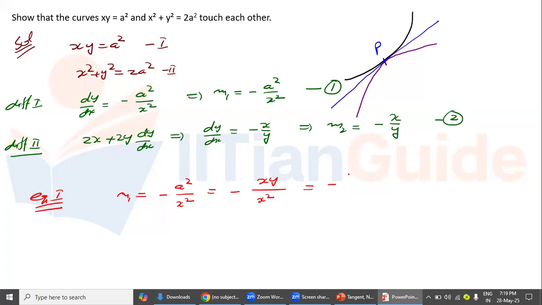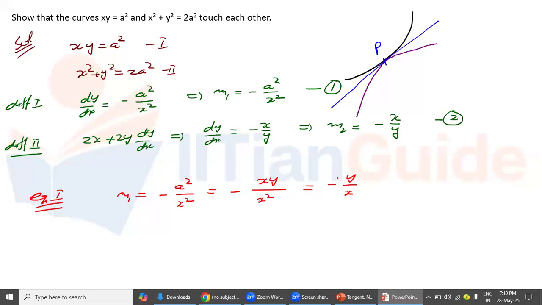So what I see is that m1 and m2 are different.